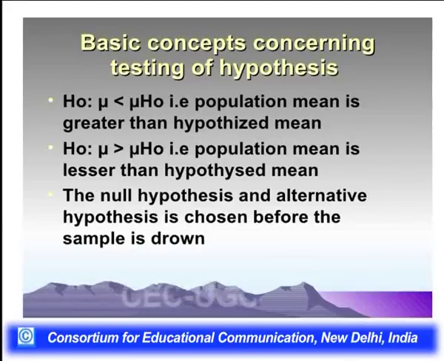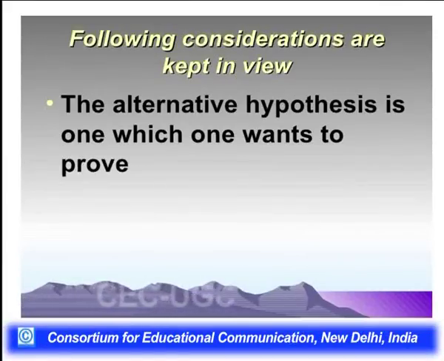The null hypothesis and the alternative hypothesis are chosen before the sample is drawn. Unless and until we fix the null and the alternative hypothesis, we cannot have a good sample drawn from the population which we are trying to test.